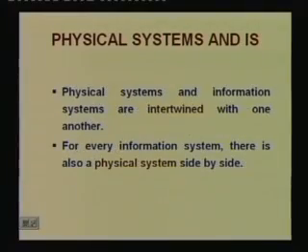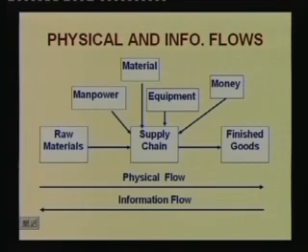Now going back, you can see in this diagram a supply chain where the raw materials are converted to finished goods. On one side we have the raw materials, on the other side the finished goods, and the raw material passes through the supply chain. What is this supply chain?